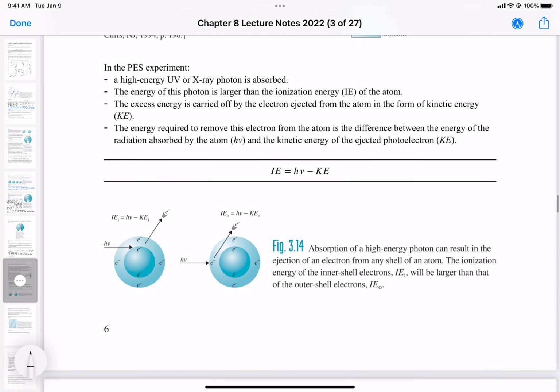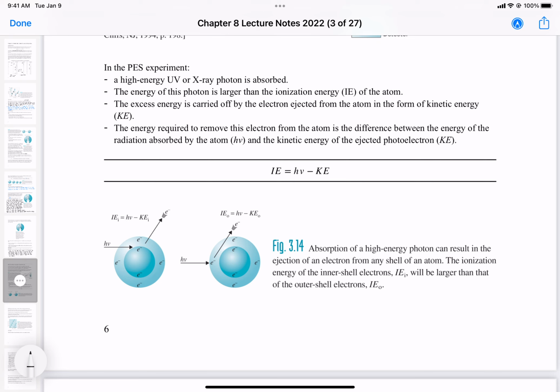So you see in this pictogram here, you can either eject a core electron, which we denote KE subscript I, meaning inner electron. So we ejected an electron from the inner shell. And for the outer shell, we can determine the ionization energy for the outermost electron, or as we know it, ionization energy.